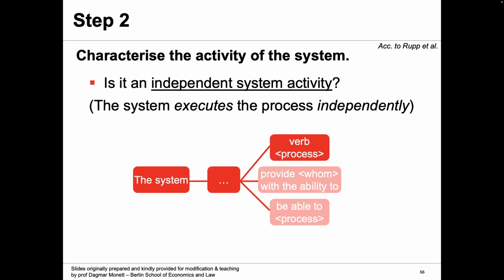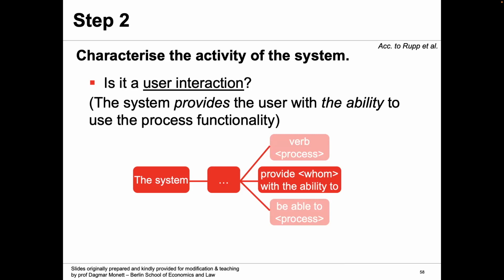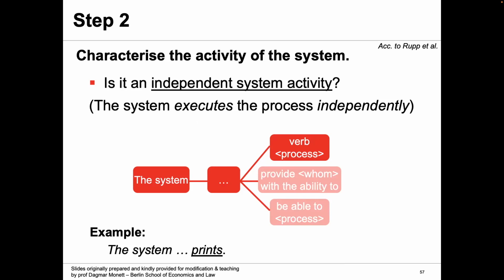So is it an independent system activity? Which is like, the system prints. Or it says to provide with whom, like with whom do you want the system to print.